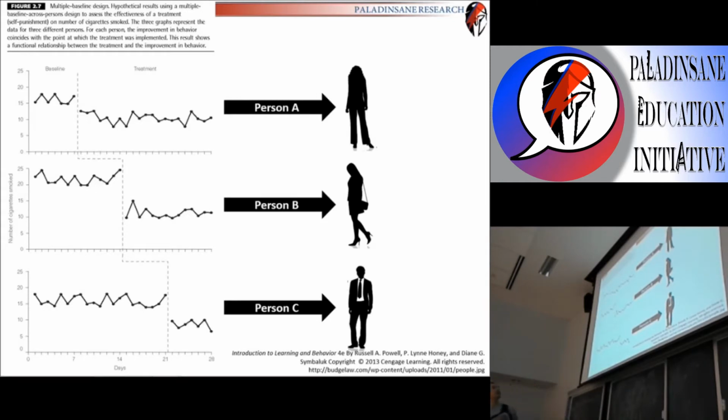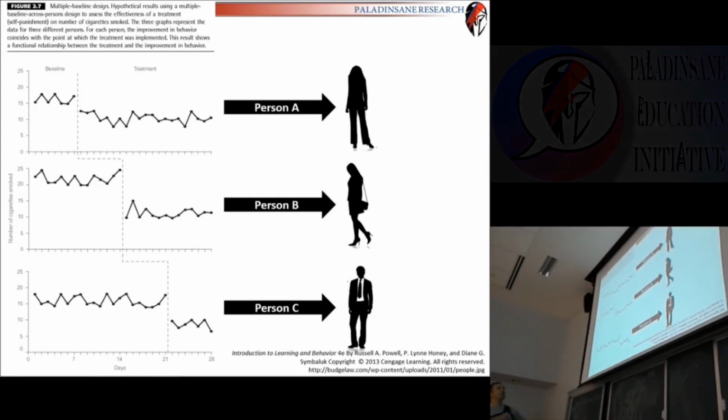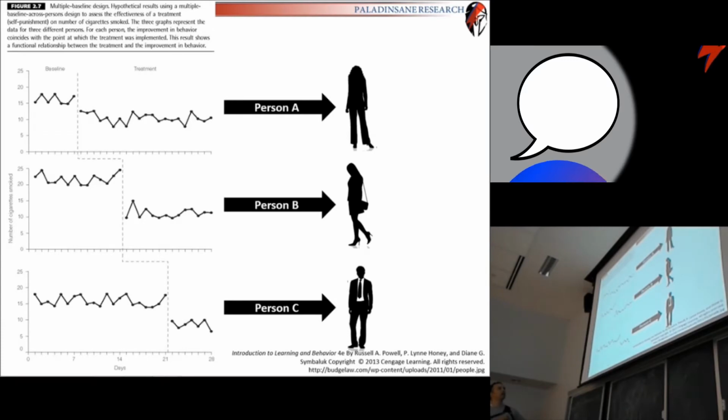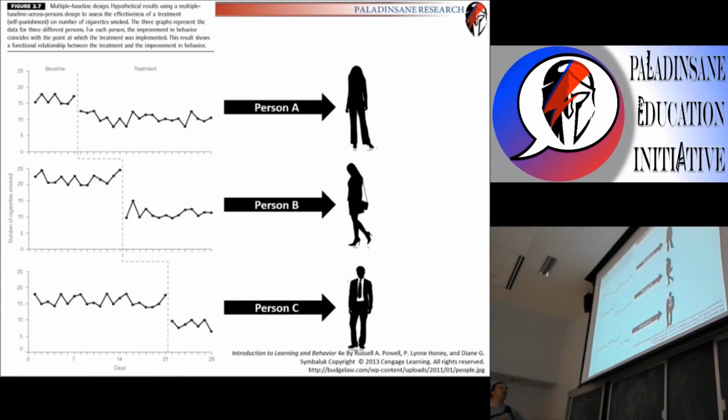Because the chance that this person here may have met somebody who doesn't like smoking on this occasion here, that's possible, right? That's plausible. Maybe that could occur. But the chance that person A met somebody who doesn't like smoking after 7 days, and it just happens that person B met somebody that doesn't like smoking after 14 days, and then it just happens that person C meets somebody who doesn't like smoking after 21 days.